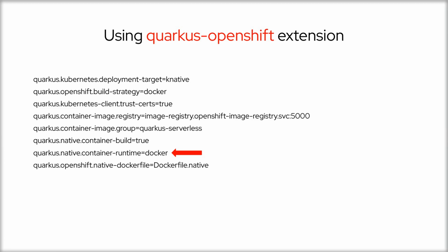Finally, the property Quarkus OpenShift native Docker file helps to specify the custom Docker file that is to be used to build the container image, which will ultimately host the native executable that we would be creating.